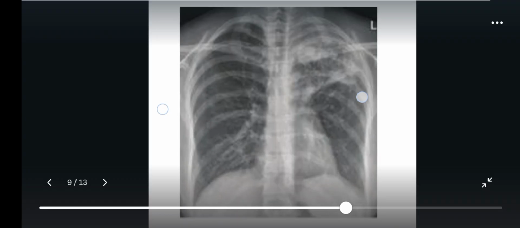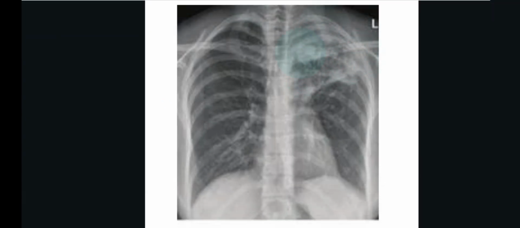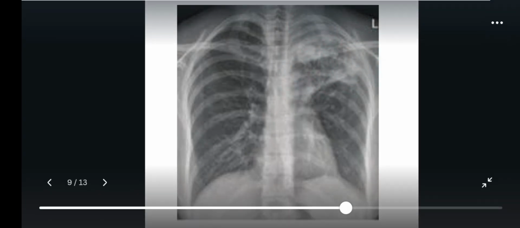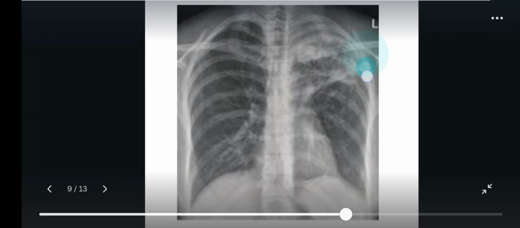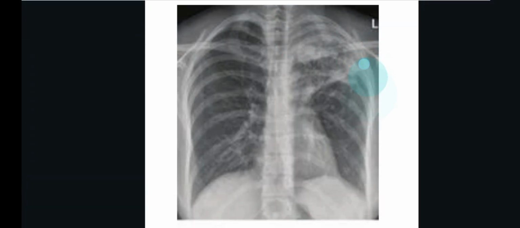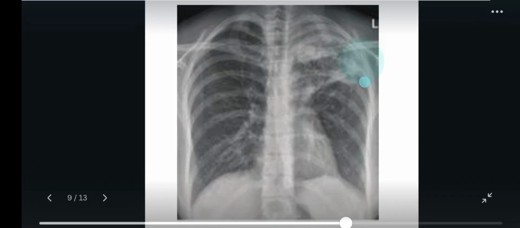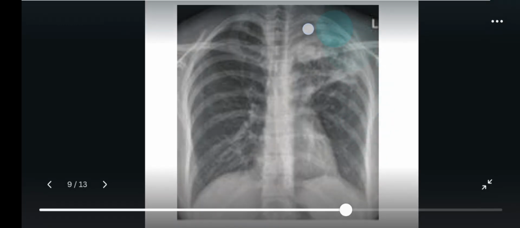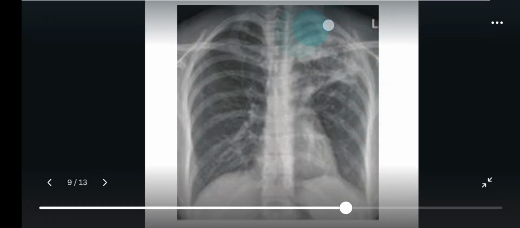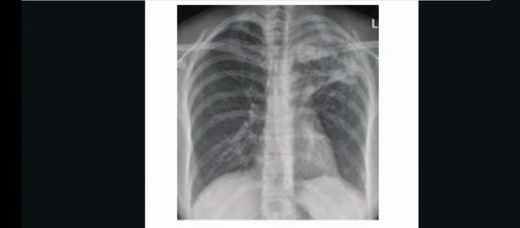Then you see this other case, see consolidation in this left upper lobe. Then there is volume loss. Then you see this uniform density around the pleural area. This is a pleural opacity or fibrosis.